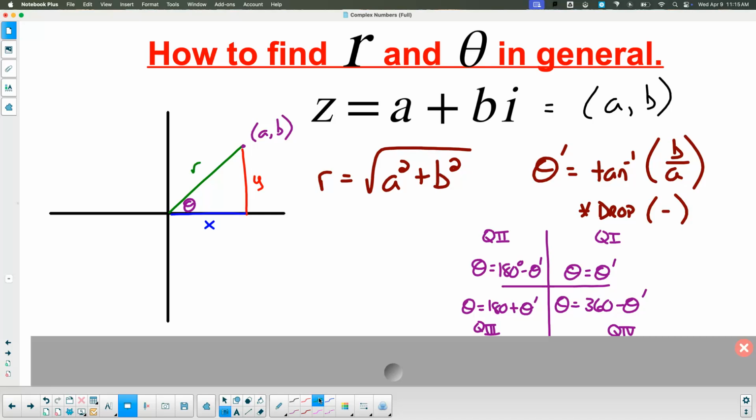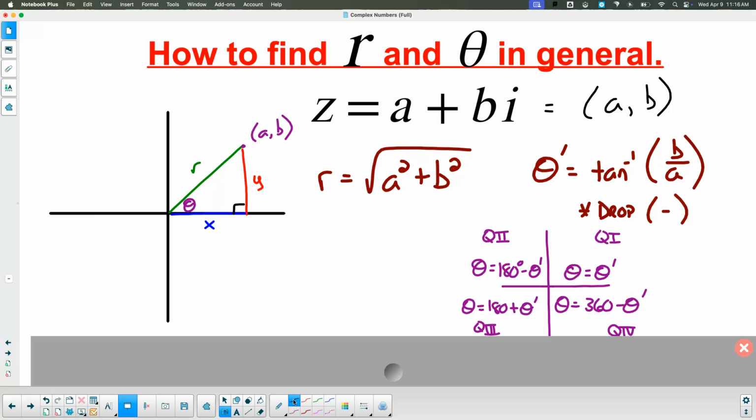Okay? So knowing that, what would X be equal to, or what would Y be equal to? Again, this is a right triangle. Why does making it a right triangle become so important? Because we can use SOHCAHTOA now, right? So if I want to solve for X, what am I going to use?